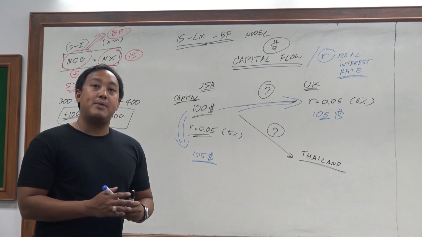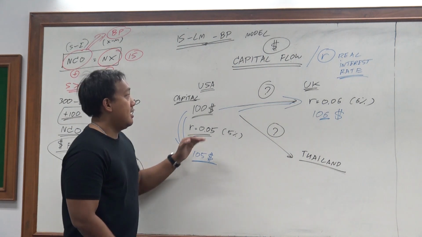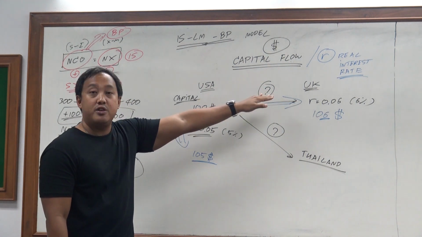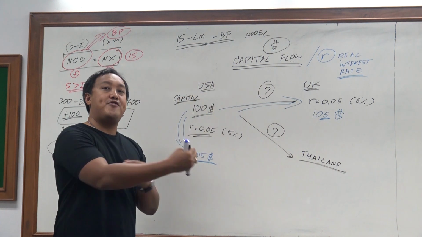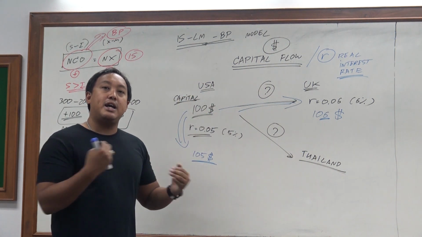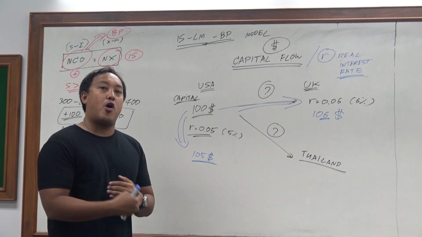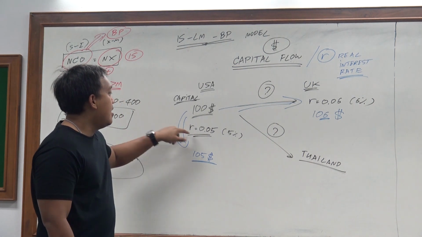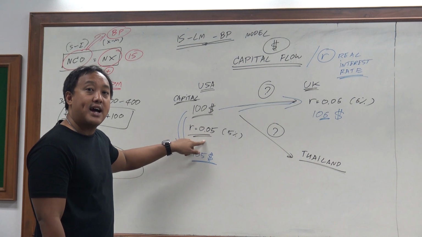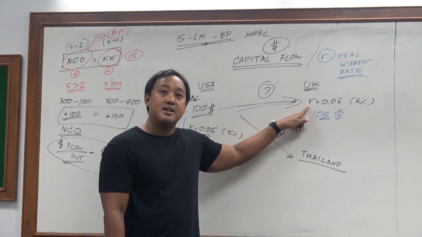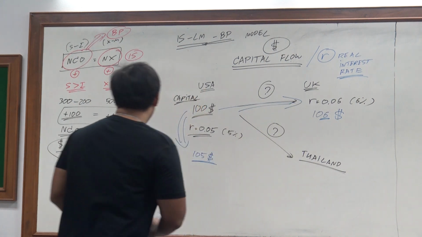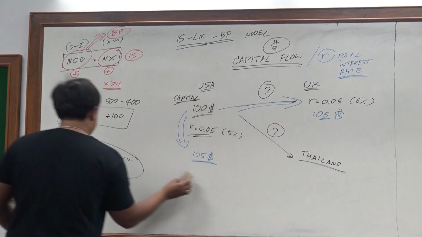So normally, for the UK and USA case, the investor is going to move their capital from the low interest rate country to the high interest rate country. You got that? Okay, let me write down here.